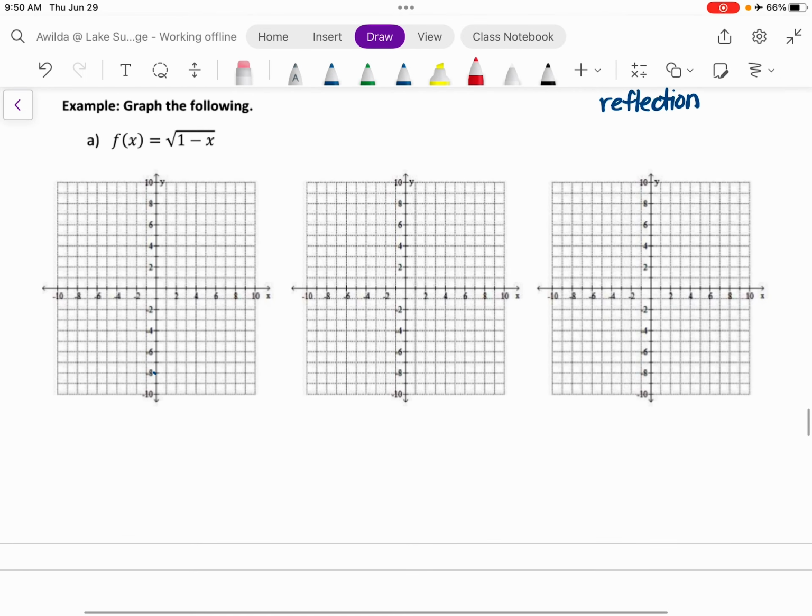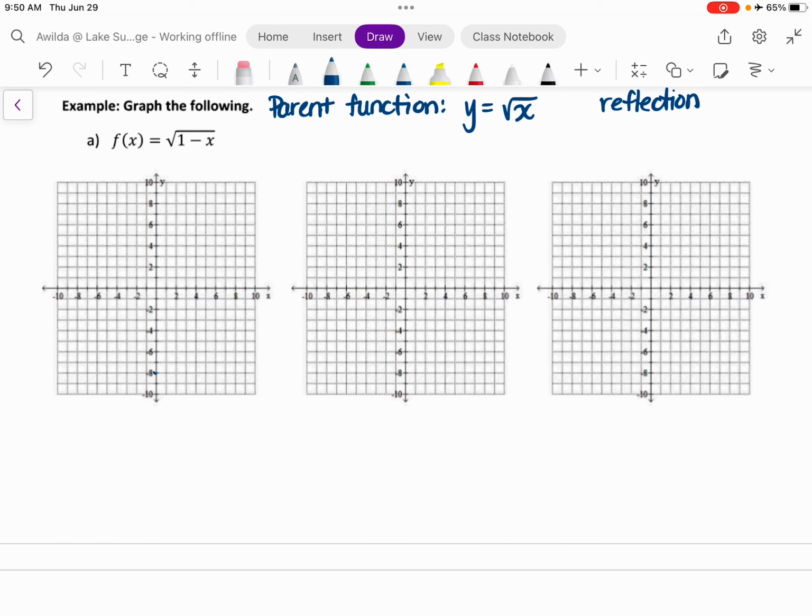In our first example, we have f of x equals the square root of 1 minus x. We start by identifying what the parent function is. And in this case, the parent function is the square root function y equals the square root of x.